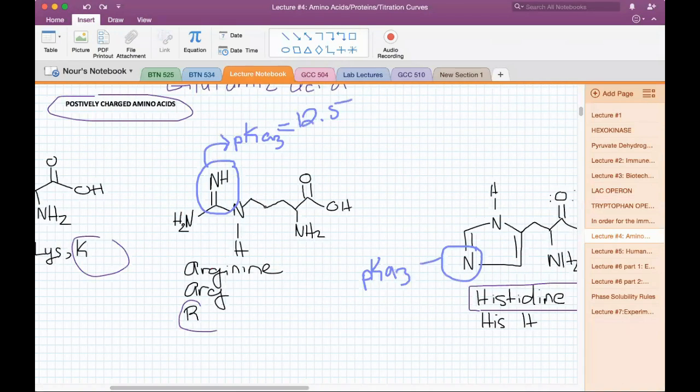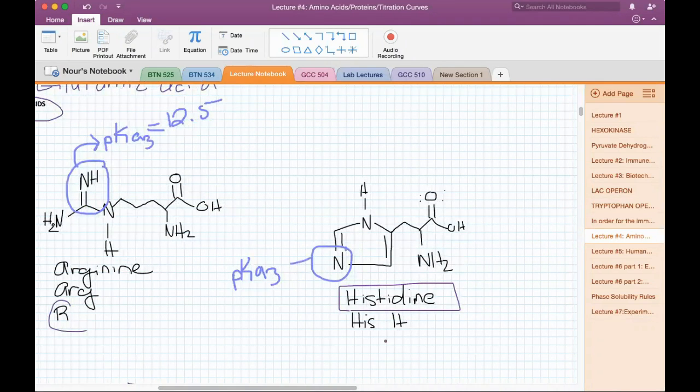Here it's a pretty complicated structure, but you just have to memorize it. It's just a general concept of memorization. So does that all make sense? And these are positively charged.